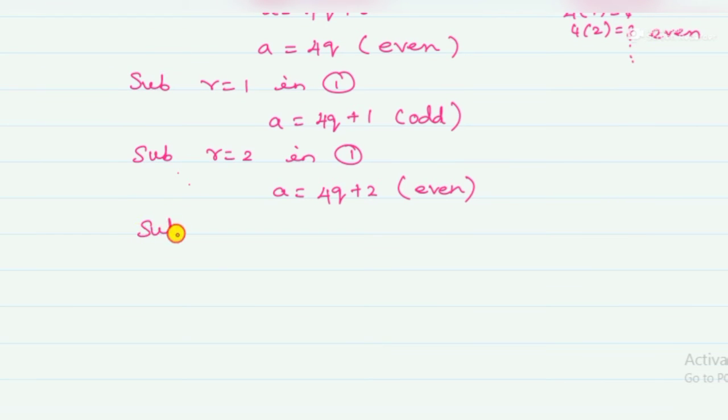Next, substitute r equal to 3 in equation 1. So a becomes 4q plus 3. Even number plus 3 is an odd number. So if you observe, 4q plus 1 and 4q plus 3 become odd. Same way, 4q and 4q plus 2 become even numbers.